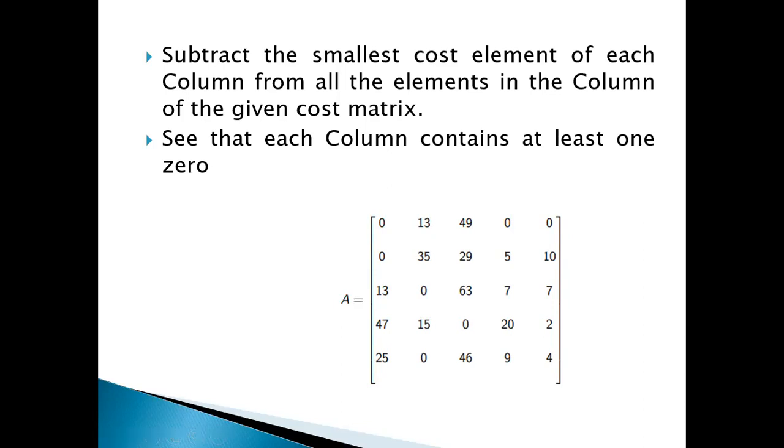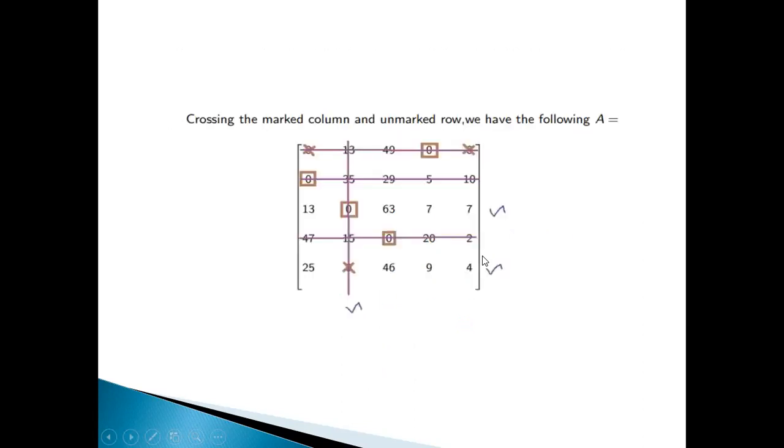Identify the smallest cost element of each column from all the elements in the column of the given cost matrix. And here also we have to check whether a minimum of one 0 entry is present in each column. The next step, we need to ignore certain rows and columns just by selecting the 0 entries in each row and column.